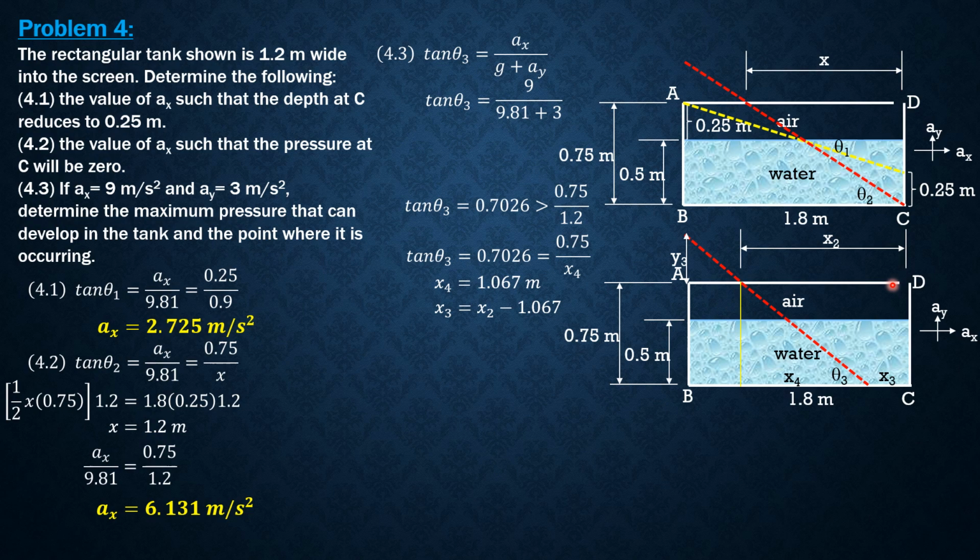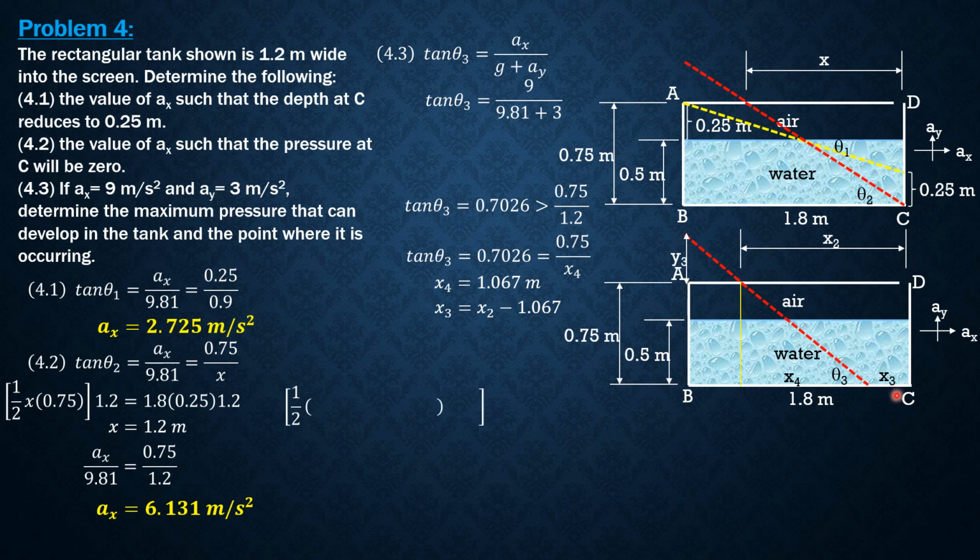And then we equate the final volume of air here, because no liquid is spilled, to the original volume of air. But instead of volume, we can reduce it to just area. So the final area of this trapezoid, represented by air here, because this portion will transfer here, is equal to the original area of air, which is 1.8 times 0.25.